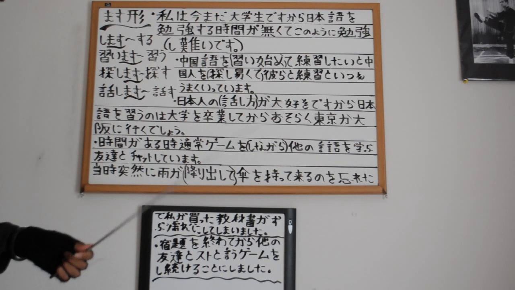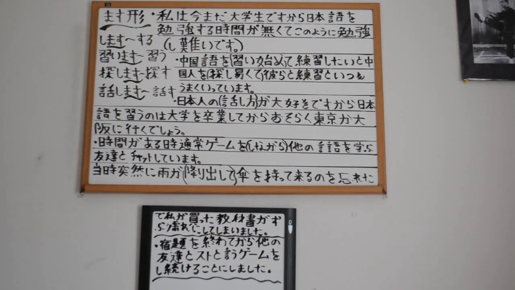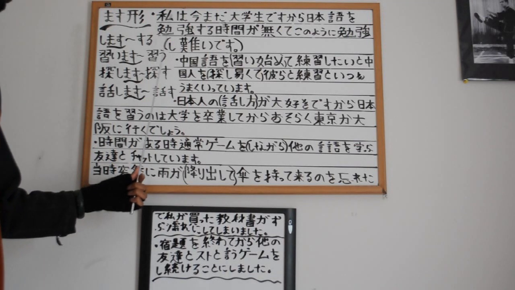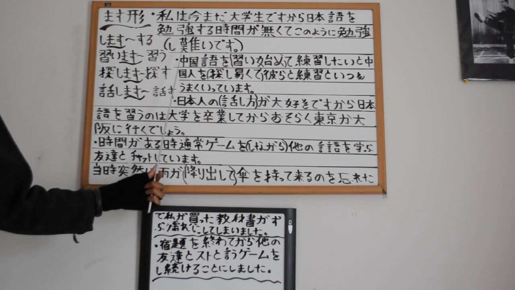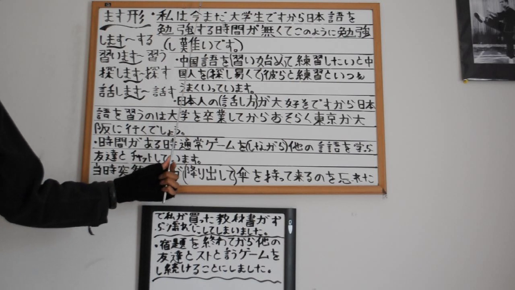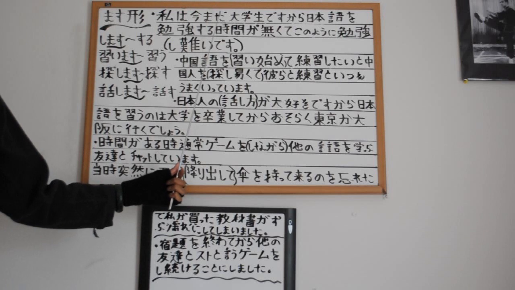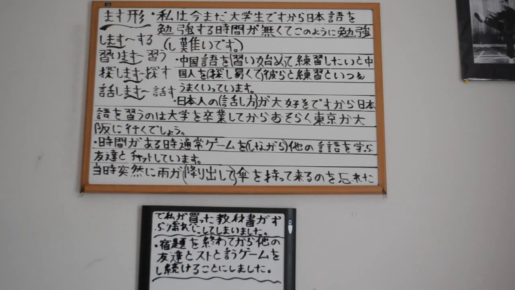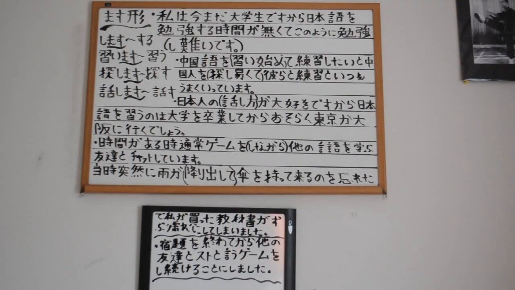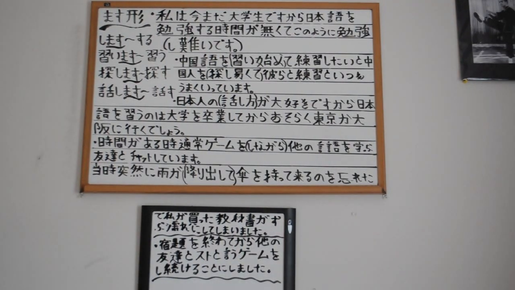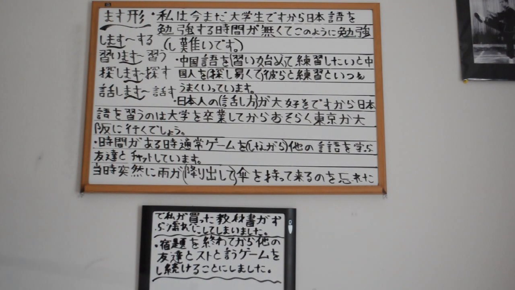Okay? So, breakdown here. Let's break this down. So, watashi wa, watashi, I of course, is the subject. Ima is noun. Mada means still or yet. Now, when you use mada with a negative, then it means yet, like not yet. Mada benkyou shite imasen.